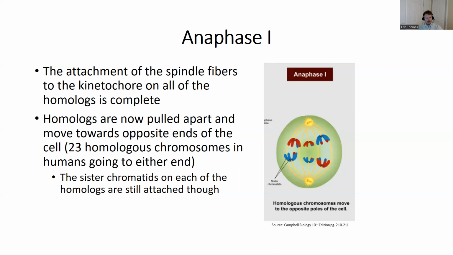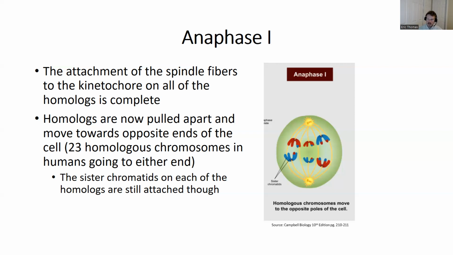So in anaphase 1, those homologs are being pulled apart, and they move towards opposite ends of the cell, 23 chromosomes in a human going to either end. But it's important to note here that at this point, the sister chromatids on each of the homologs are still attached.